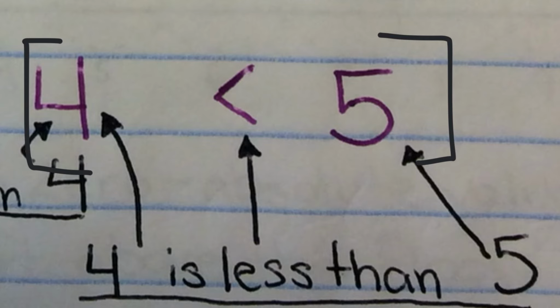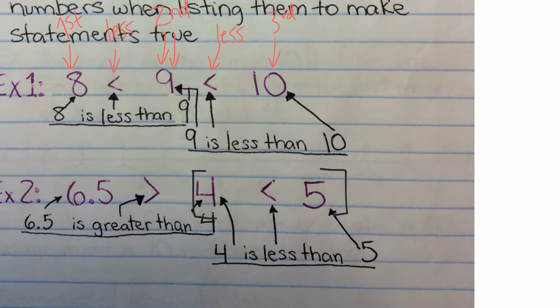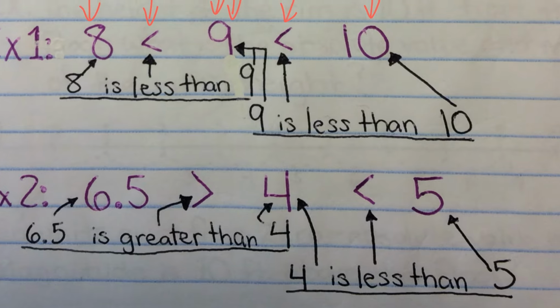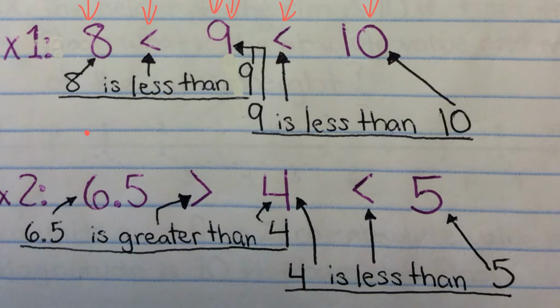Now we can zoom back out and look at all three of these together. And is this statement true? Remember, starting on the left, read this first. Is 6.5 greater than 4? Yes. All right. Now, looking here, is 4 less than 5? Yes. So, both of these statements are true.